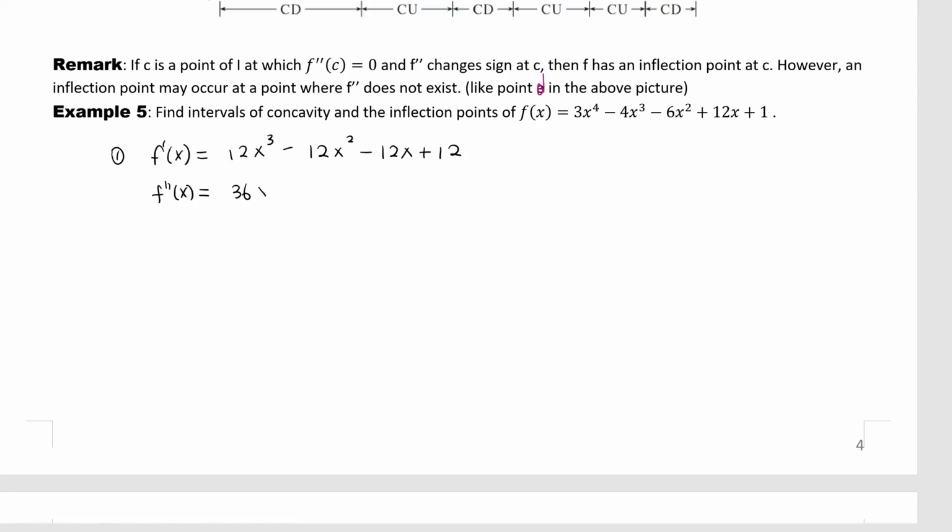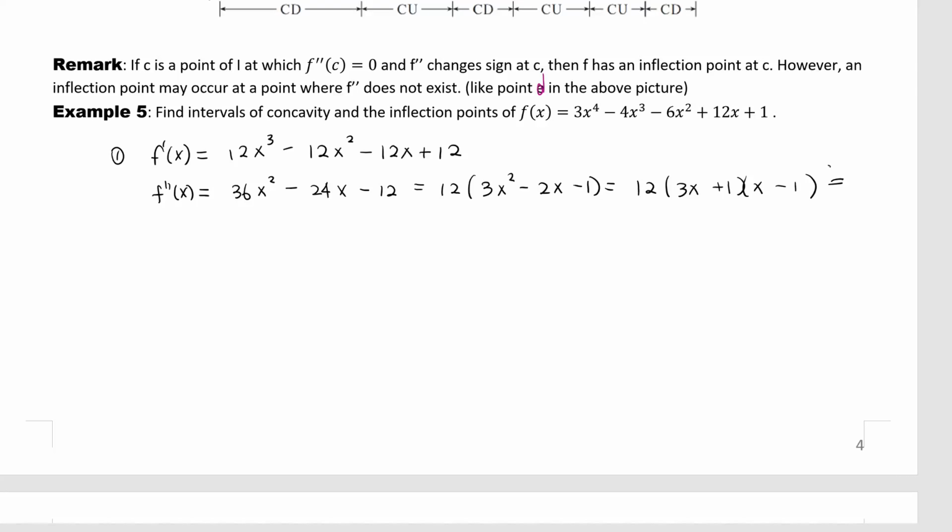Okay, we need the second derivative. So 36x squared minus 24x minus 12. We figure 12 is a common factor. We factor that out. We get 3x squared minus 2x minus 1. Can we factor it? Okay, so that is 3x and x, with minus 1 here and 1 here, then we get negative 2.